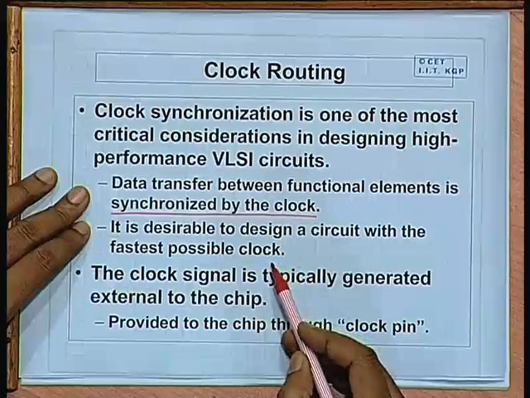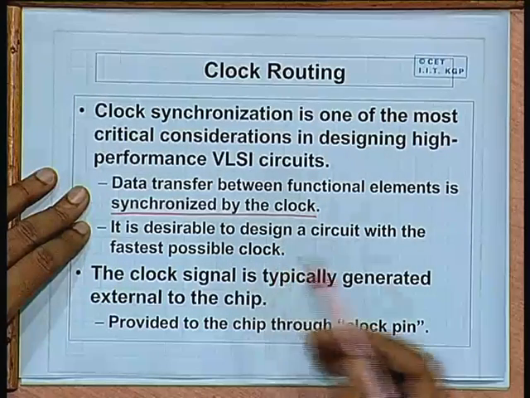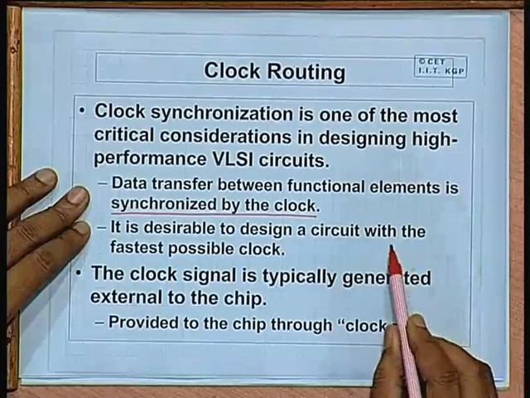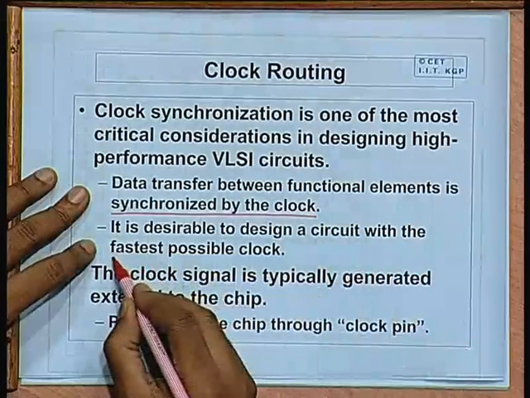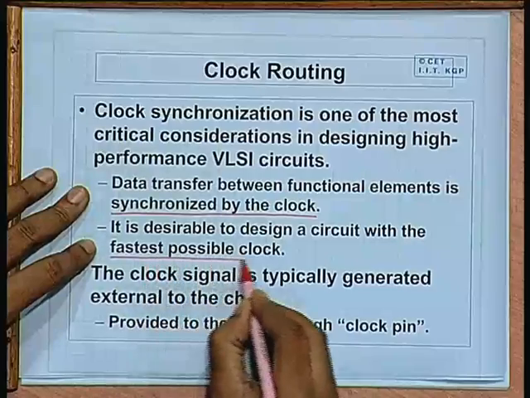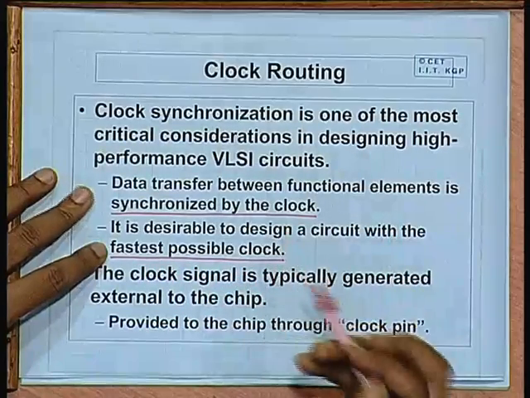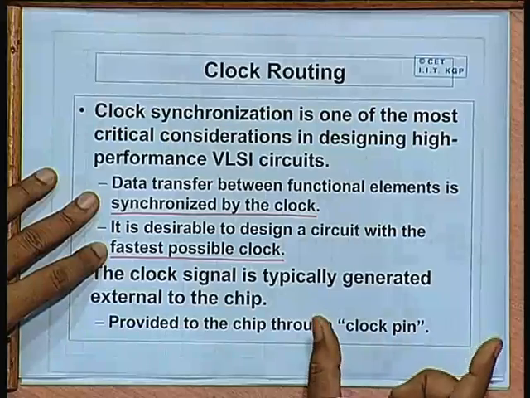So, if we can have a design with a fast clock, obviously the performance of the circuit will improve. So, our aim is to have a design with the fastest possible clock. Of course, there will be some hard constraints with respect to the delays of the combinational network in the circuit, because you cannot run the clock at a frequency higher than that.